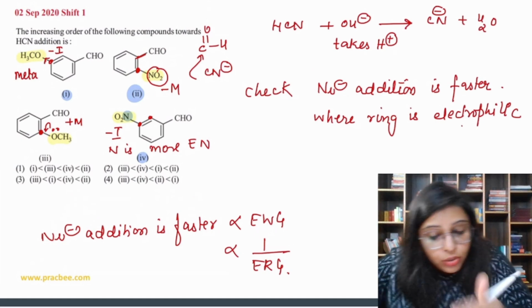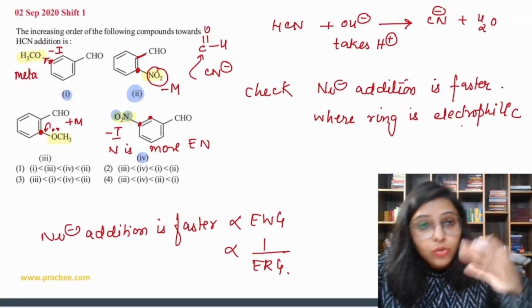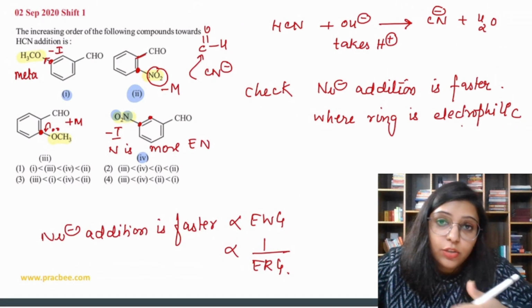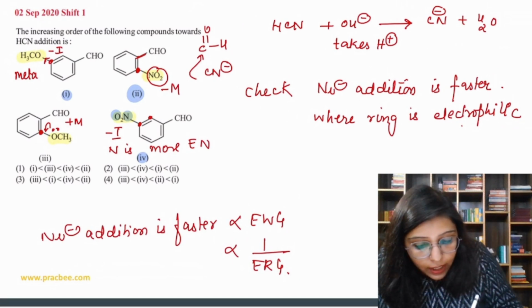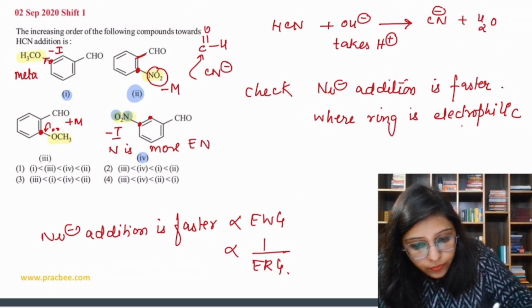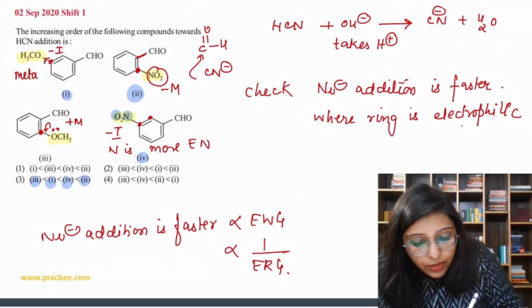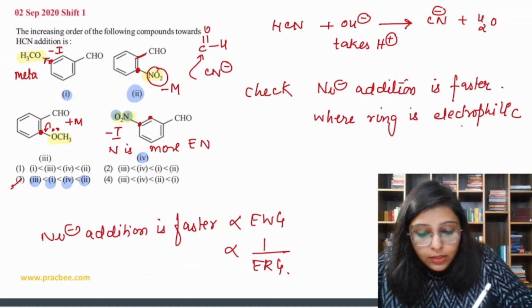While if nitrogen is bonded to oxygen, oxygen has the tendency to take more electrons. So first is going to be second, and then option number fourth. After that we have option number 1, and last we have third, because that is going to have the mesomeric effect. So the answer should be this one.